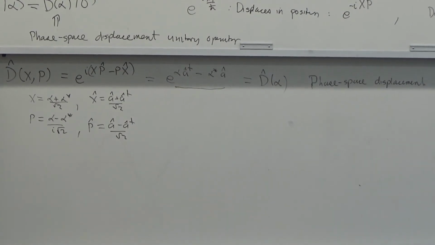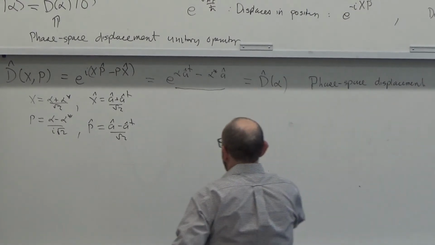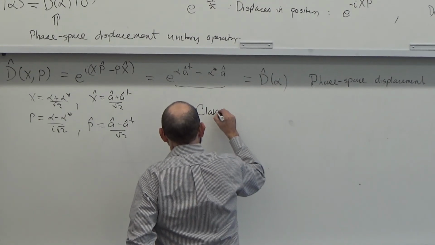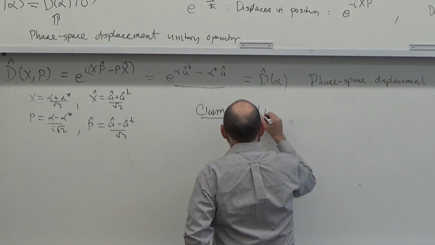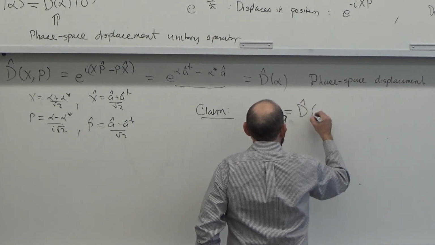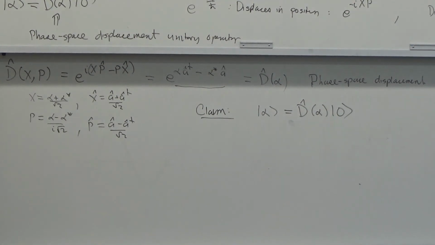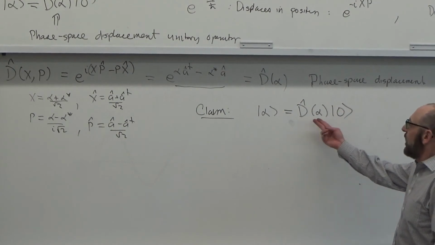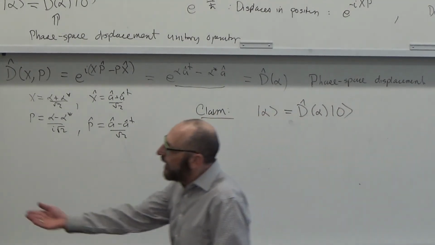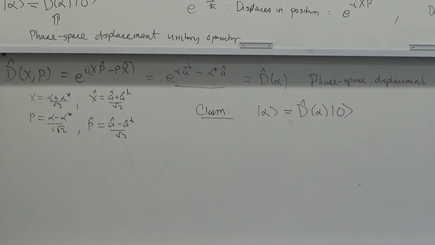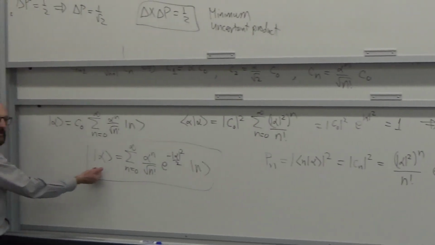Okay, so I claim that the coherent state is what you get when you apply the phase space displacement operator to the vacuum. How can we prove that? Any thoughts? There's lots of different ways to do it. One way to do it is to show that when this acts on this, I get this thing. Right?